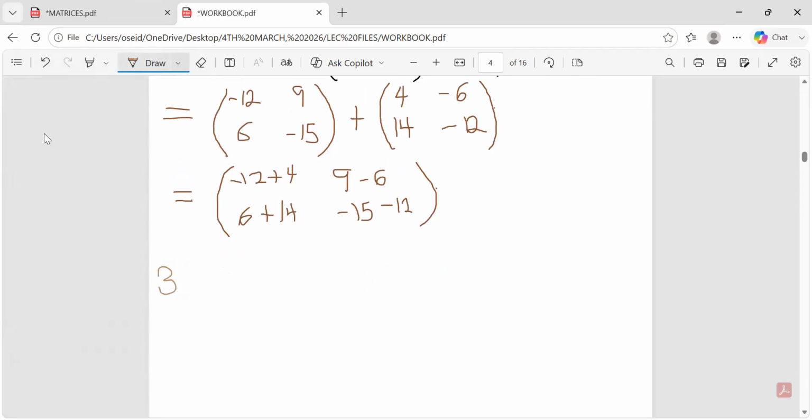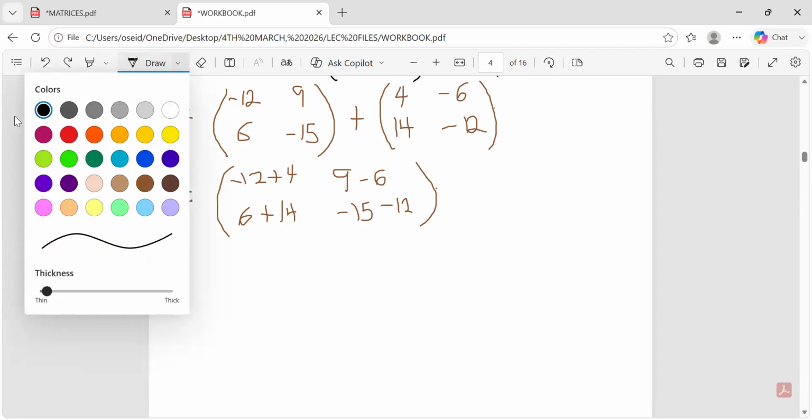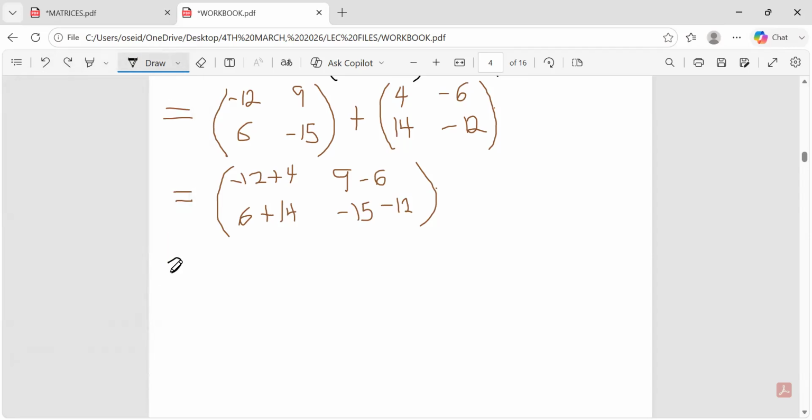So 3A plus 2B equals -12 plus 4 gives us -8.